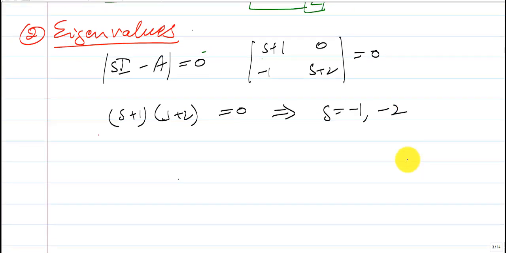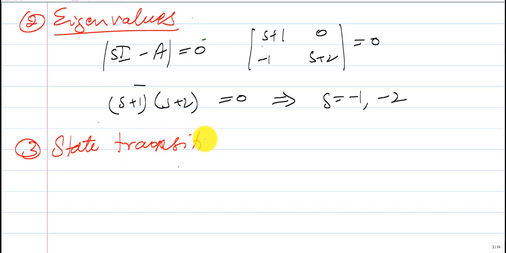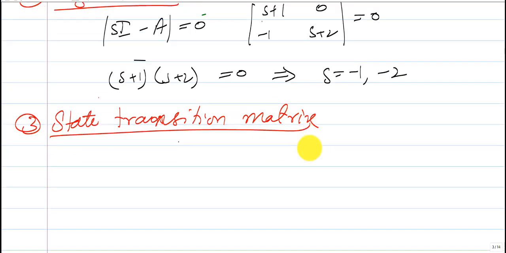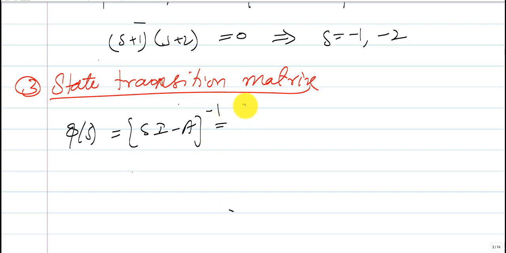Next, it says the state transition matrix. So the third part says the state transition matrix. The state transition matrix can be found out simply: phi of s is equal to si minus A whole inverse, which is the resolvent matrix, and that is s plus 1, 0, and minus 1, s plus 2, inverse.